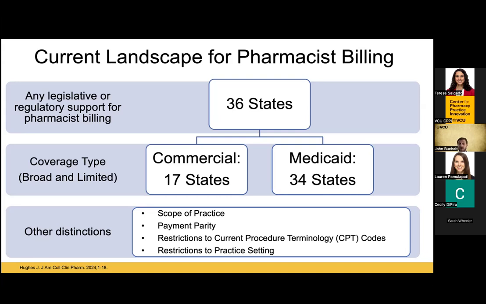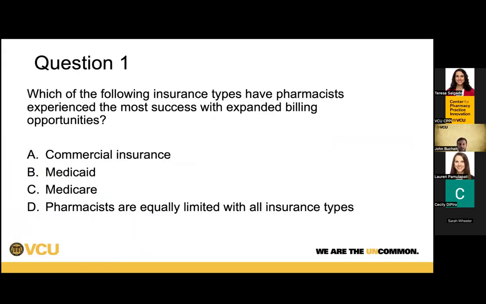Some states restrict certain CPT codes, procedure codes that we can bill, and some restrict in practice settings. So while this is great, it's highly variable and it's challenging without national legislation to have one law that applies to all pharmacists, but it's been very effective from an advocacy standpoint to go state by state.